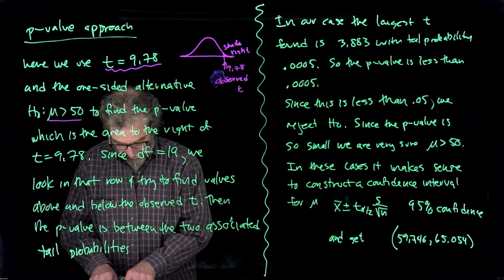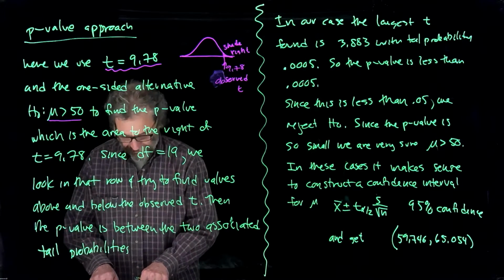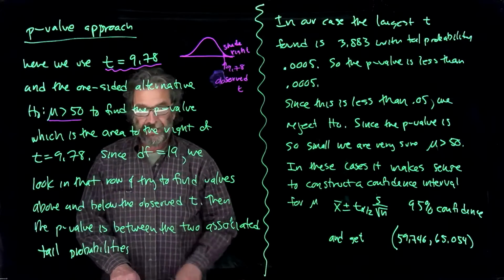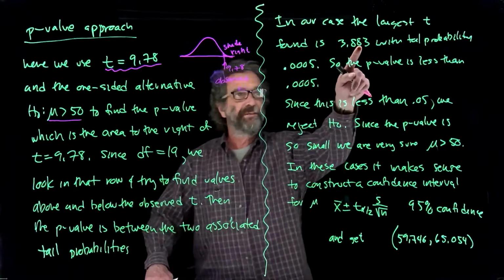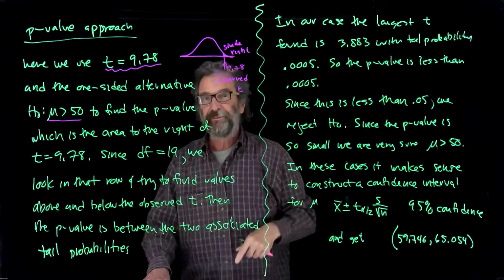Now you might think, if this is anything like z, we're not going to find 9.78 in the tables, so we don't. So go as far as we can. We got 3.883. So the largest t is 3.883. The corresponding tail probability is 0.0005.